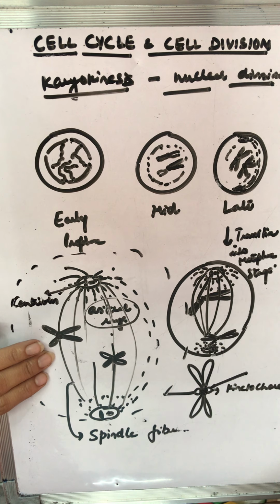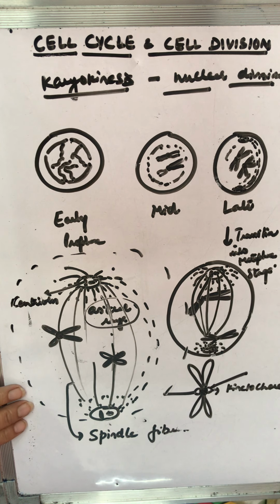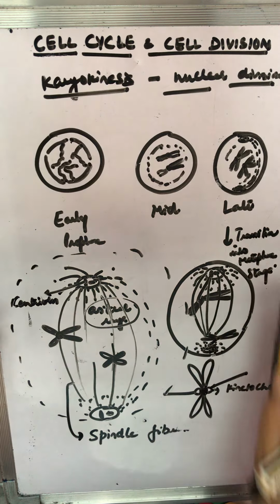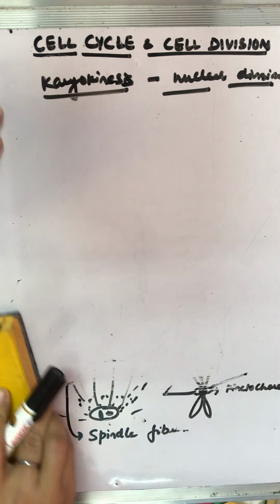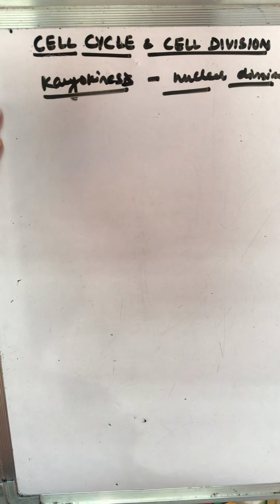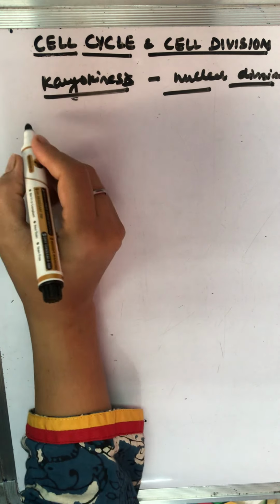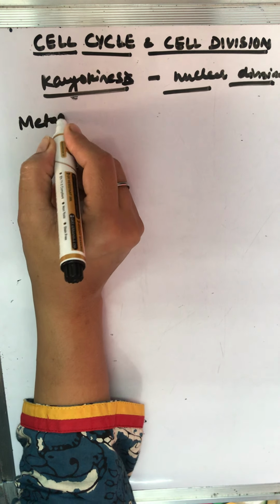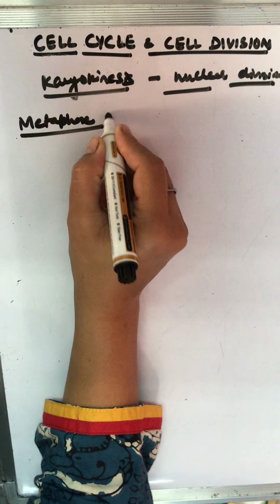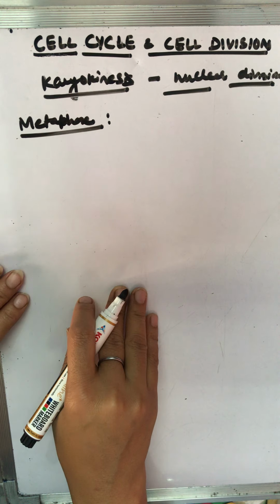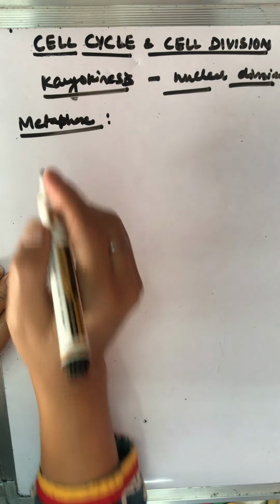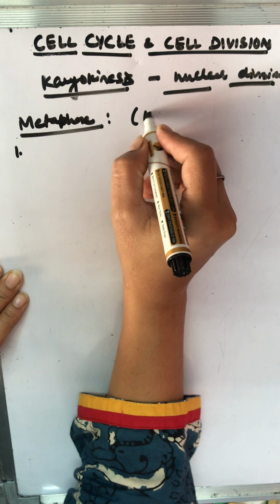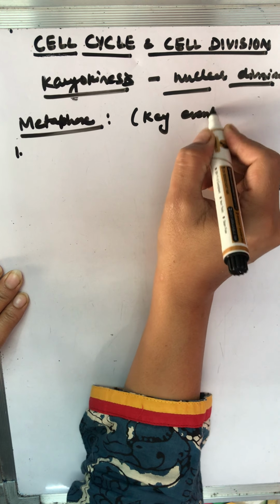Now continuing from here, we are moving to the second stage, which is the metaphase stage. This much we have learned: in the metaphase stage, number one, I am writing the key events.